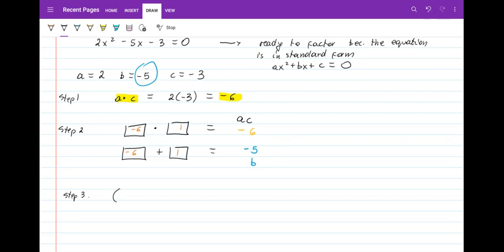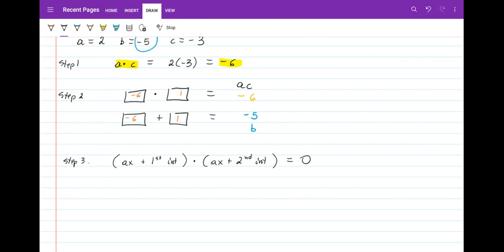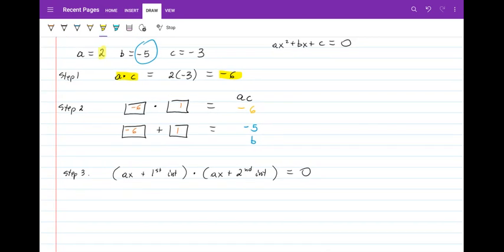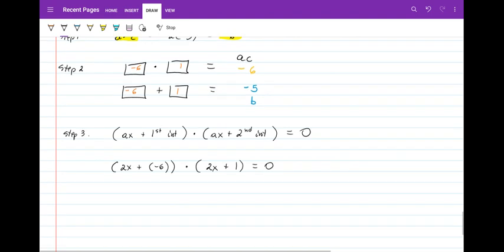You create two factors: ax plus first integer times ax plus second integer equals 0. So in our case, we have 2x plus negative 6 times 2x plus second integer, which is 1, equals 0.